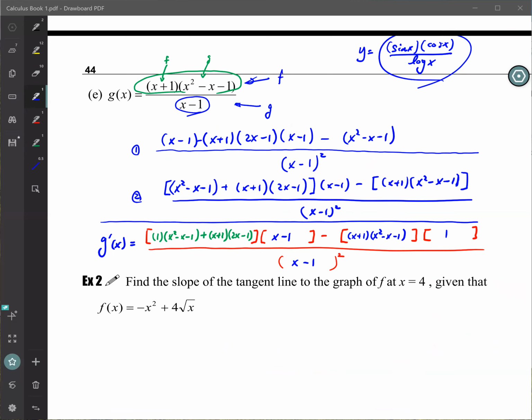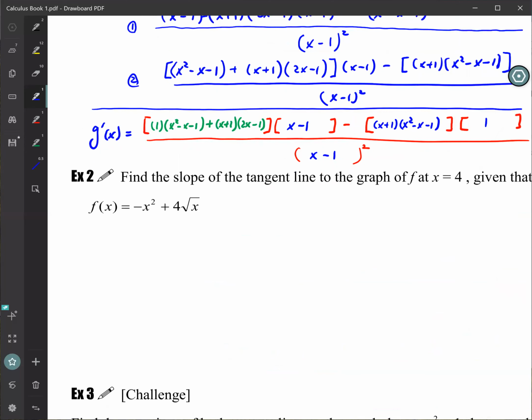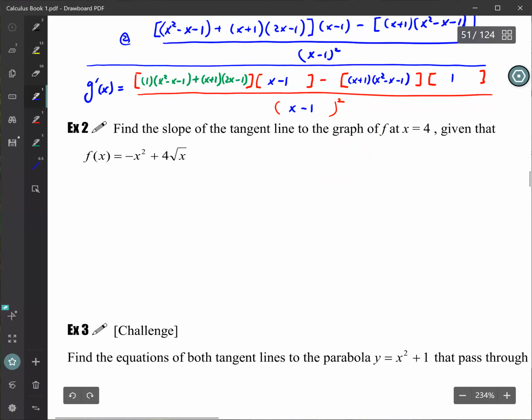All right, so what's the point of learning these rules? The point is to get a slope, right? Because everything we've been doing is trying to find the slope of tangent. Except now we can find it without using limit, okay? So here, let's try a simple example. Please find the slope of tangent at x equal to 4.